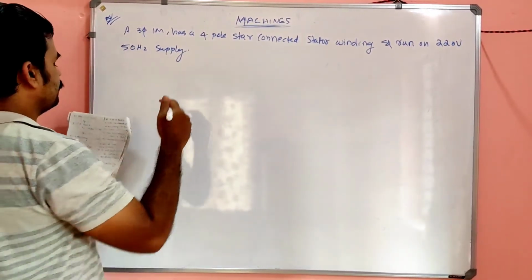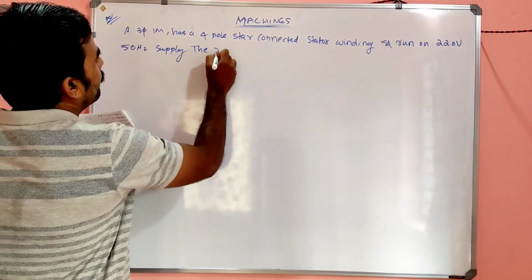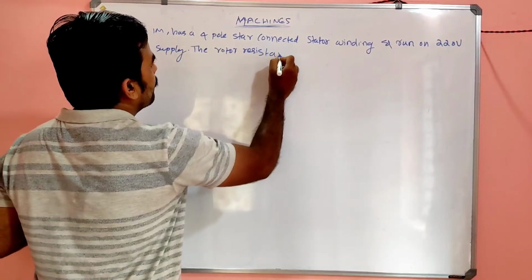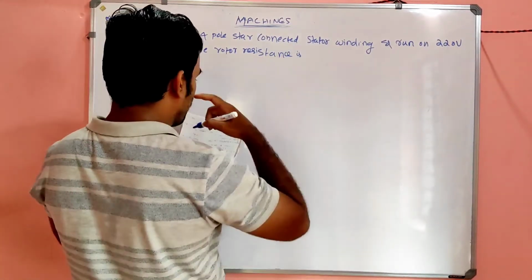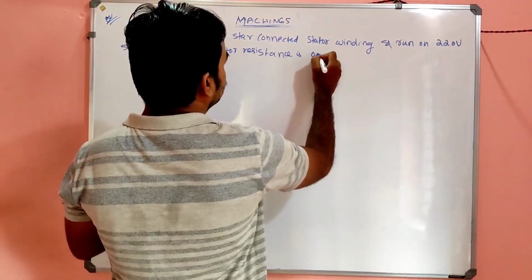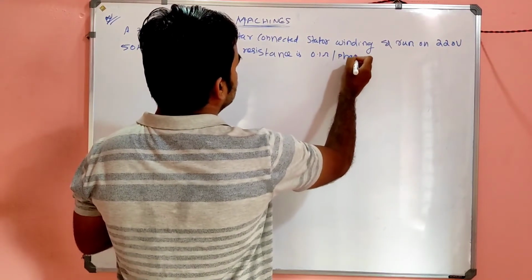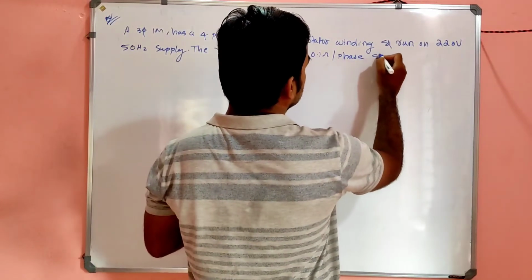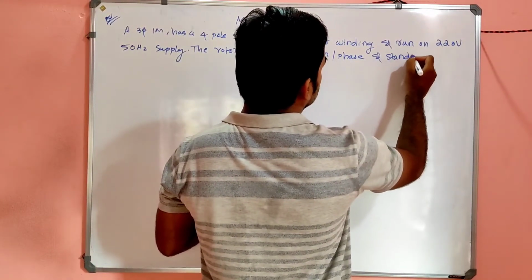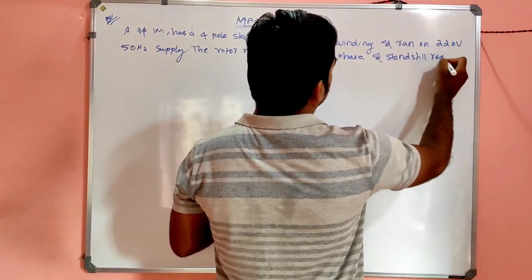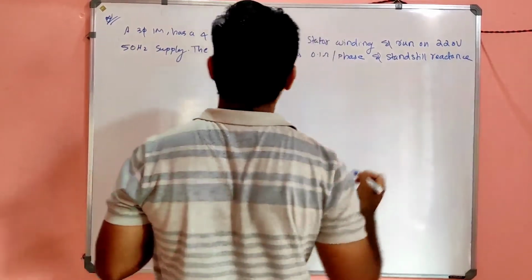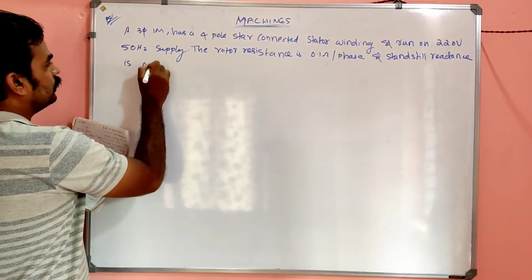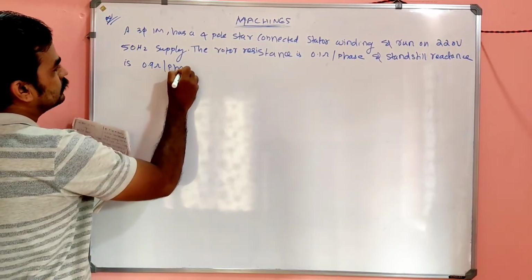The rotor resistance is 0.1 ohm per phase, and standstill reactance is 0.9 ohm per phase.